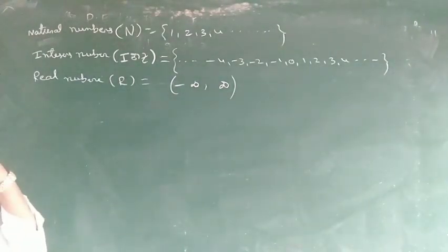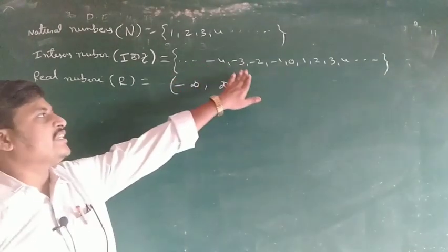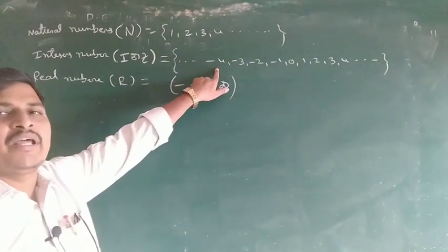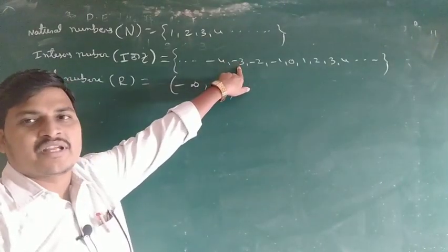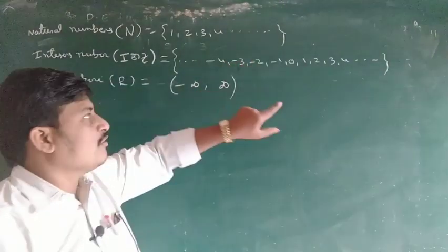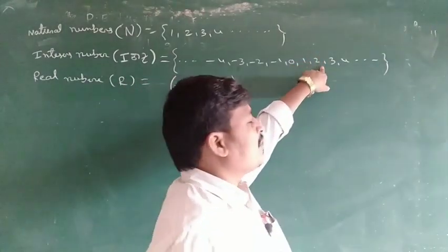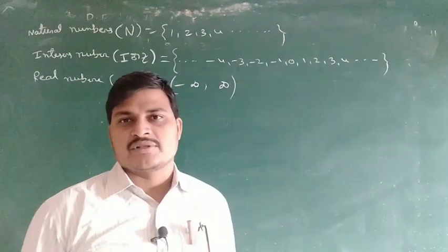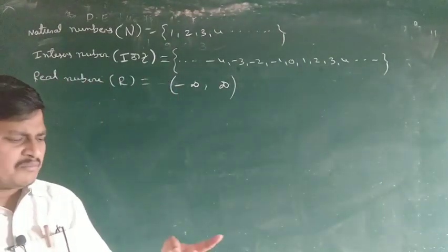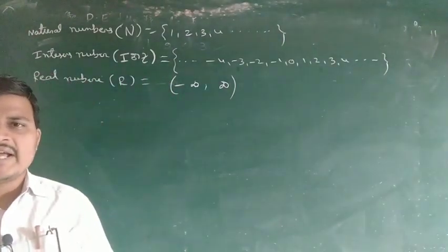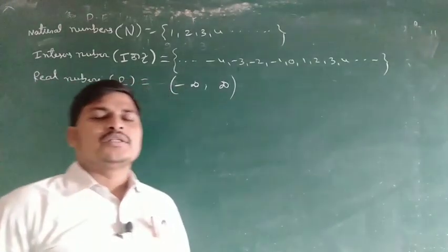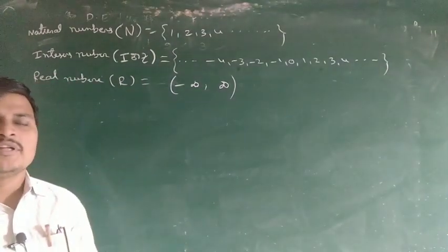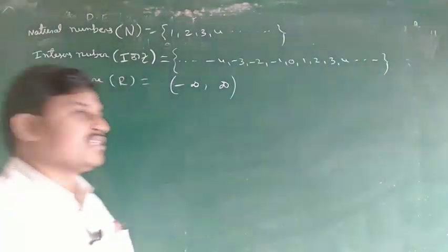So integers mean only minus 4, minus 3, minus 2 and so on. Real numbers include minus 4 and minus 3 as real numbers, and 1, 2, 3 are real numbers, and the numbers between 1 and 2 are also real numbers. 1.1 is a real number. Negative, positive, fractional, irrational, rational, any number is a real number, for example minus 1 by 2, minus root 3, minus 1 by 3.